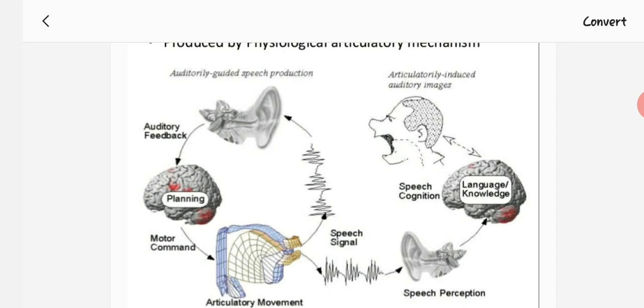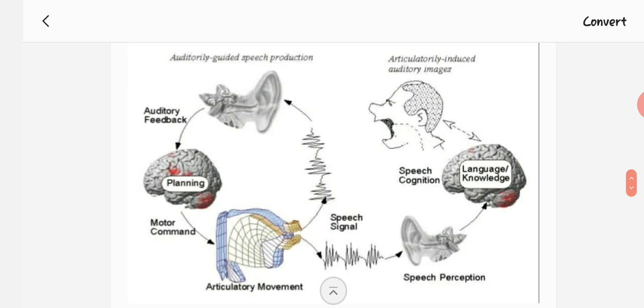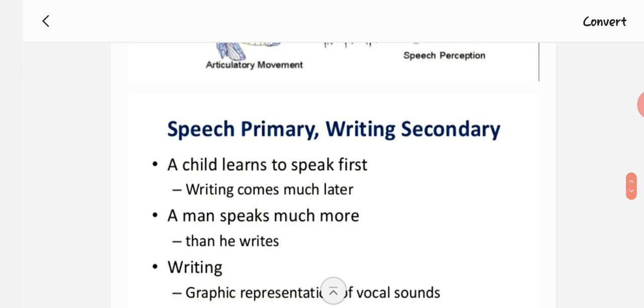We have discussed this whole scenario and process in our previous lectures as well. Through this diagram you can understand how the articulatory movement produces the different types of speech perceptions which are adopted by the people, by the listeners.